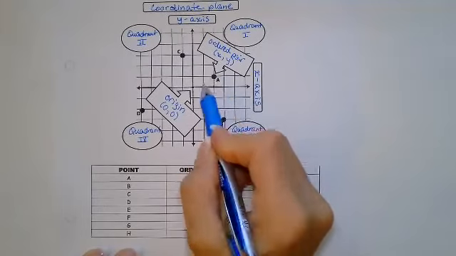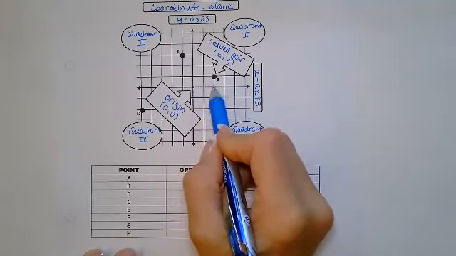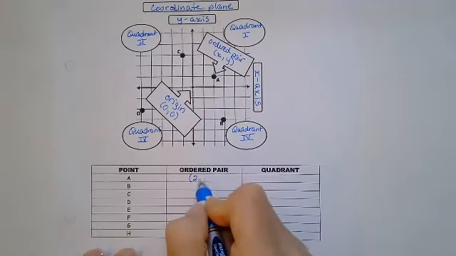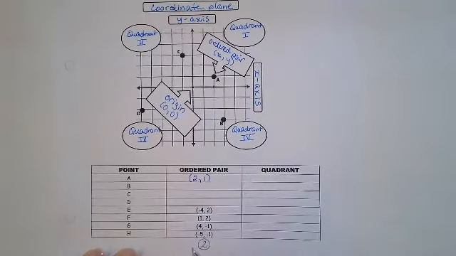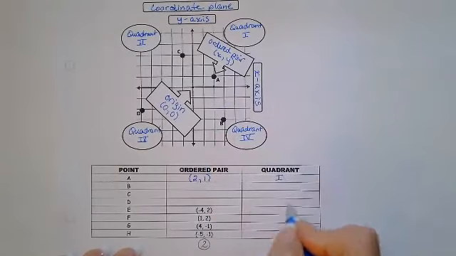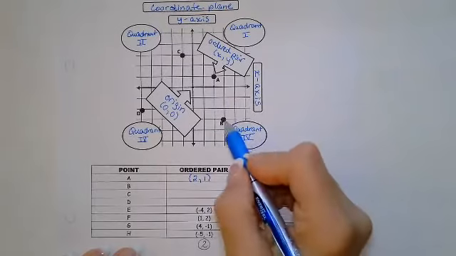So that'd be a +1. So 2, 1 is how I'd write that ordered pair. Okay, and it is in quadrant 1, Roman numeral 1.